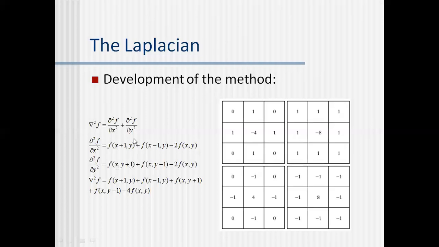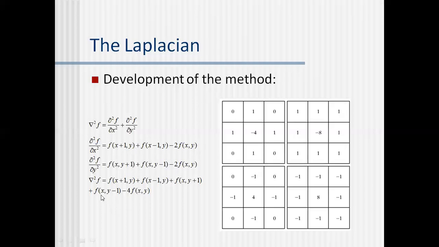This should be the horizontal neighboring pixels, this should be the vertical neighboring pixels. So two horizontal neighbors minus 2 into reference, two vertical neighbors minus 2 into reference.